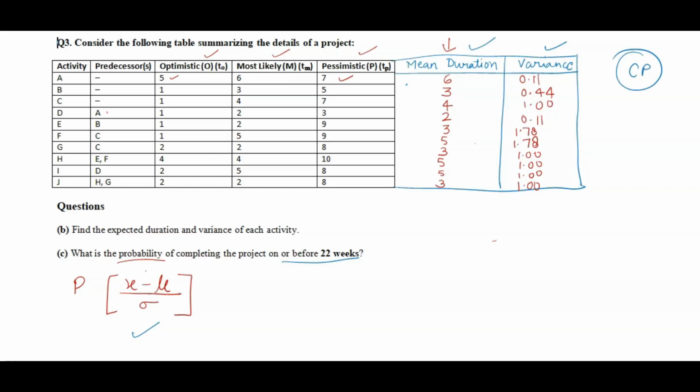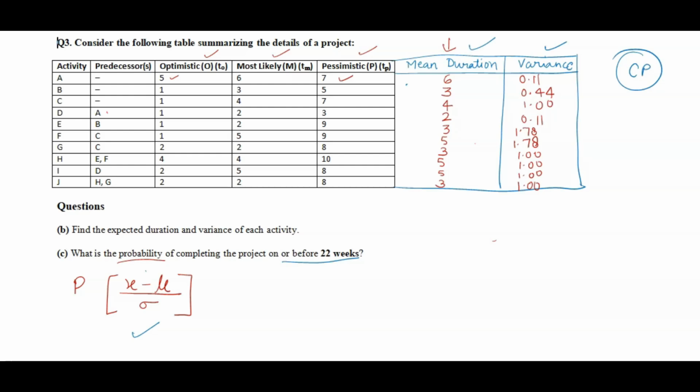Okay, for the critical path I have already explained what the conditions are. There are 3 conditions. You have to find the earliest start time and latest completion time, and then based on that you apply the conditions and find the critical path. So you just use those conditions. If you have not seen that video, just check it and find the critical path.